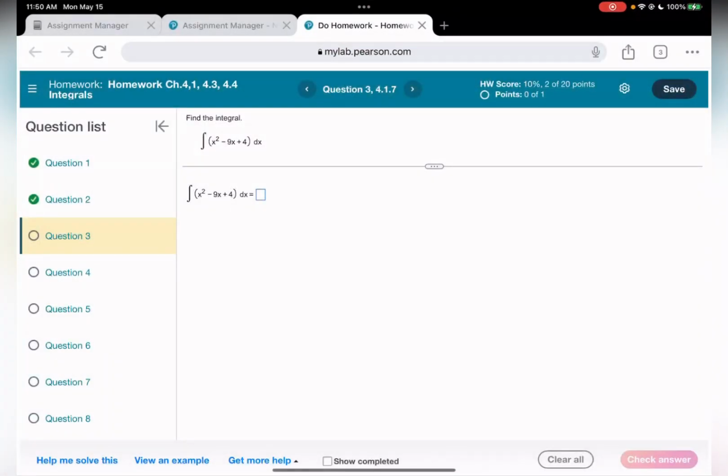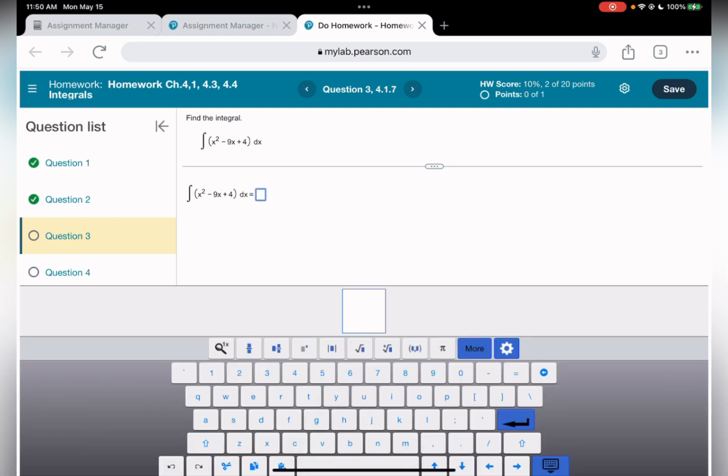Now let me plug in here, and I am getting x to the power 3, and all this I am dividing by 3, and then it goes minus 9 x to the power 2, and all this I am dividing by 2, and then we go plus 4x.